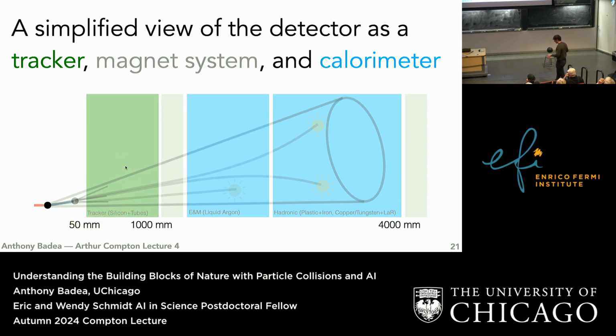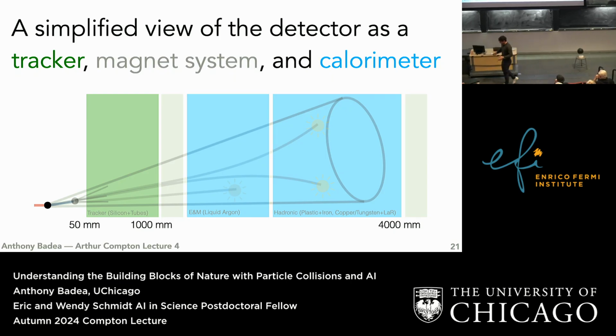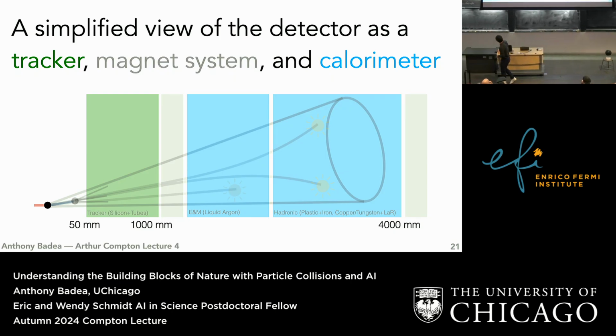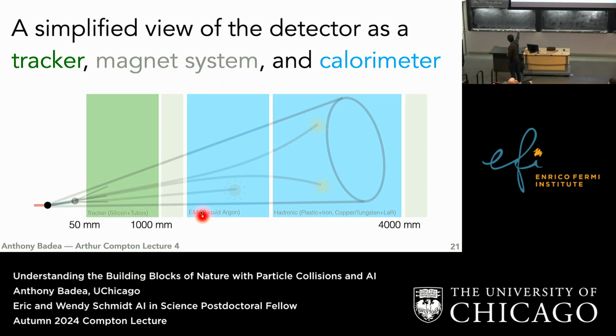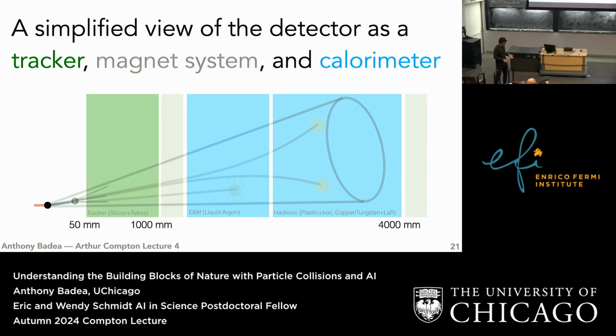So as particles go through this material, they bend, and they ionize the material, and you get measurements of electrons and anti-electrons moving. So you get an electric signal, and you get this from the range of 50 to 1,000 millimeters. This is a combination for our current detectors of silicon and tubes with gas inside of them. And so you get a measure of momentum in here.